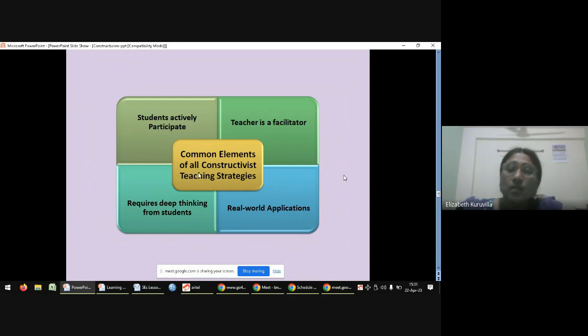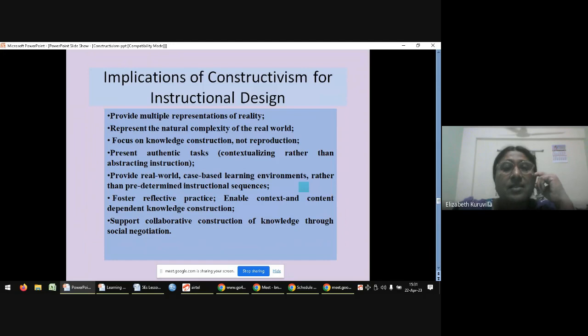Next, what are the common elements of all constructivist teaching strategies? The common element we can see is that students actively participate. Teacher is a facilitator, then it requires deep thinking from students and real world applications. These things are happening in the constructivist teaching strategies.